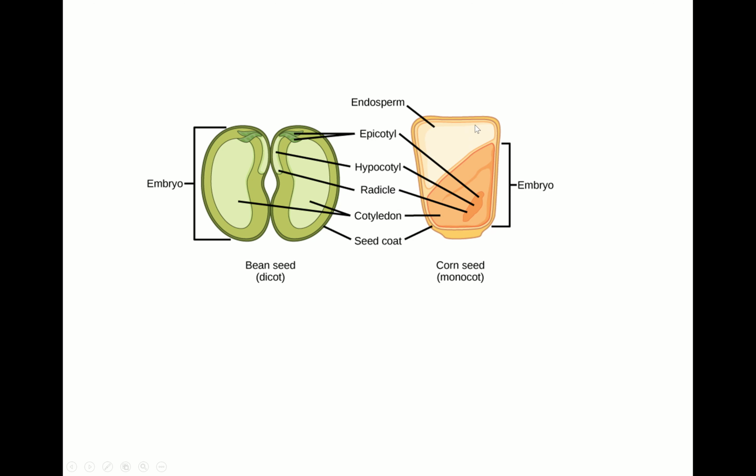You can clearly make out this is an endosperm and this is an embryo, and I've already explained that the single shield-shaped cotyledon is there in the case of monocots, and the seed coat consisting of the testa and tegmen together constitute the seed coat. So this finishes the structure of monocot and dicot seeds.